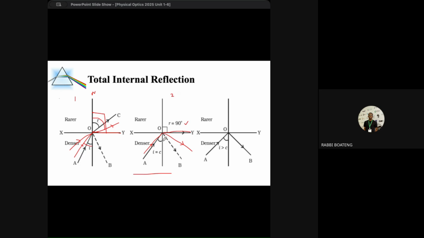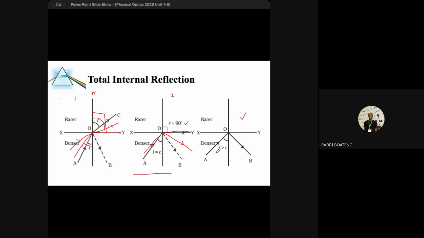So now it has moved outside the medium, so it means a typical reflection is happening. And that is what we have in this scenario. So anytime the angle of incidence is greater than the critical angle, we should be expecting reflection. Is that okay? We should be expecting reflection.